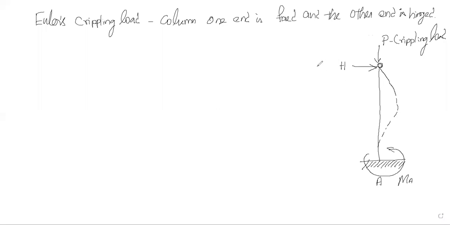The total length of the column, the height of the column, we are going to take as L, and the deflection at the section X we are going to take as Y. Now we have to calculate the crippling load value.